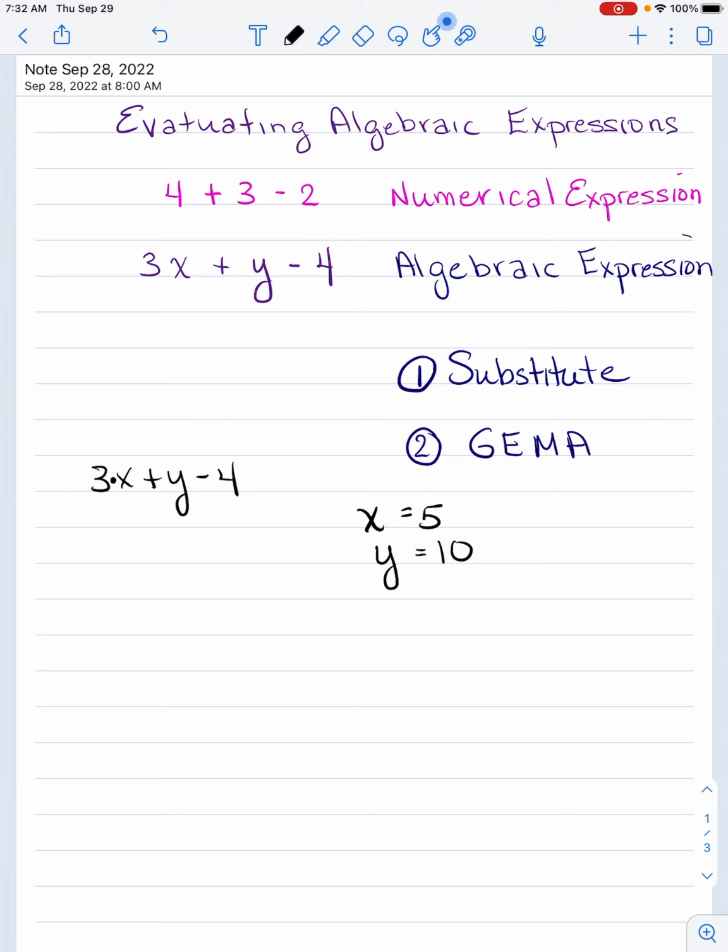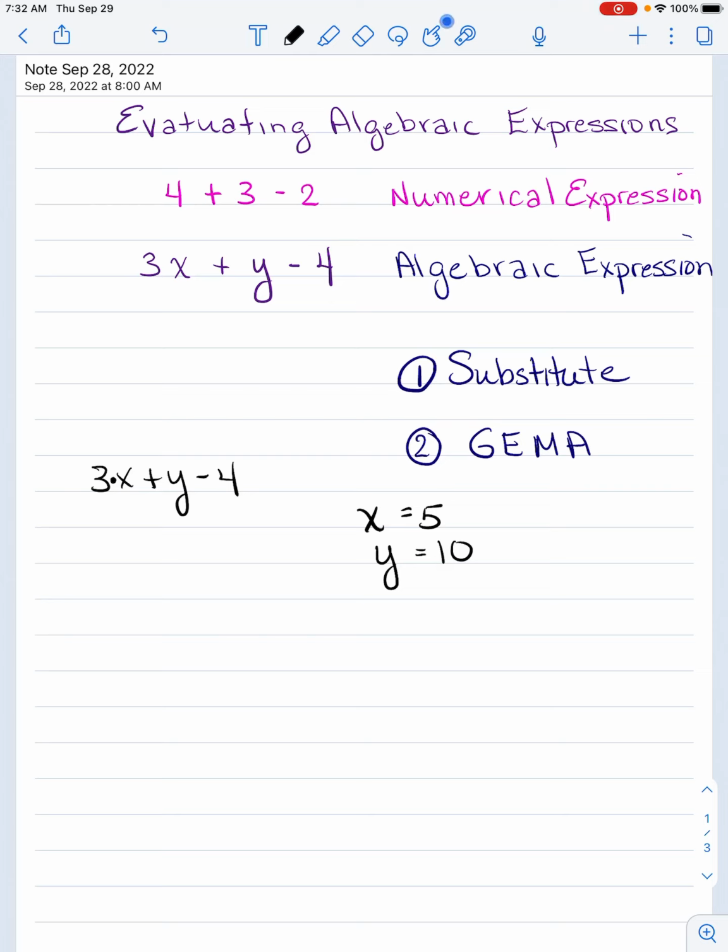So let's take a look at this one. And there are two basic steps. The first one is you need to substitute your given values for each variable in the expression. And once you do that, you're left with nothing more than a numerical expression, which is what you're familiar with.